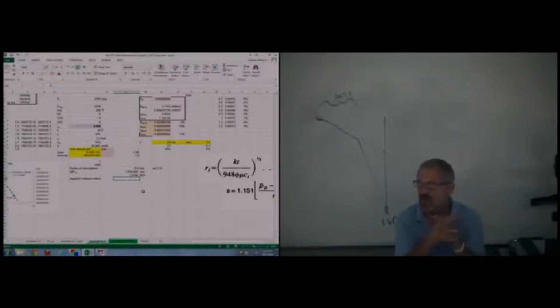You can find in Economides' textbook a skin equation that has 8 parts. Okay? It could also have to do with not enough perforations in the pipe. You can have perforation skin. So there's other things that could contribute.